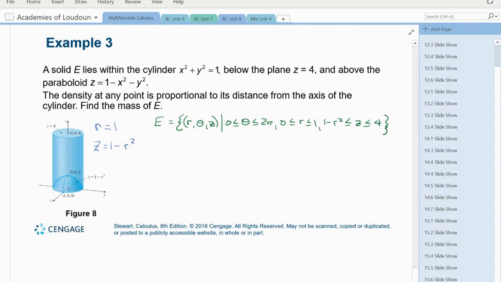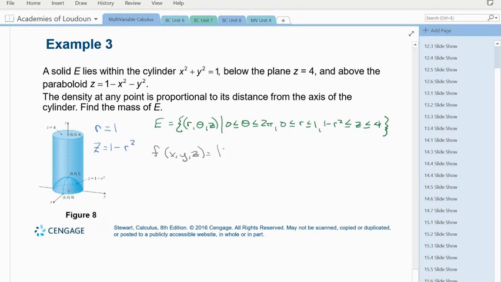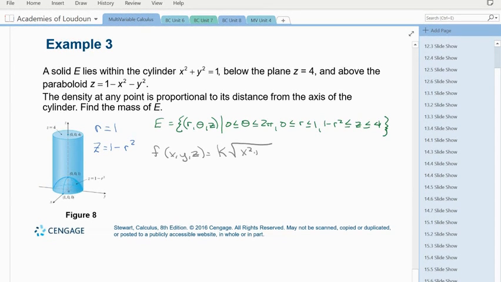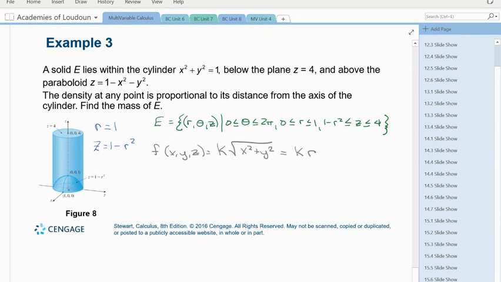And since the density is going to be proportional to the distance from the z-axis, our function f of x, y, z is equal to a proportionality constant times the distance, which is going to be the square root of x squared plus y squared, and converting that to polar is just kr.